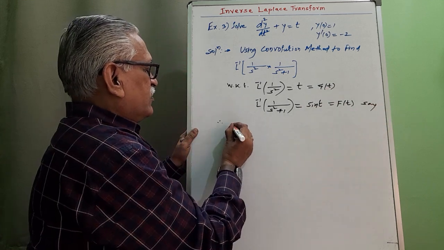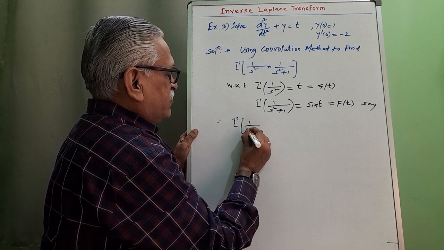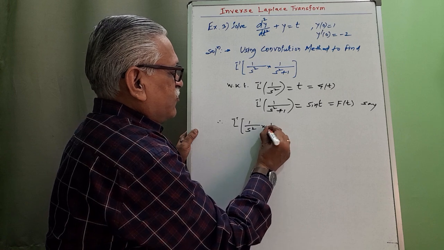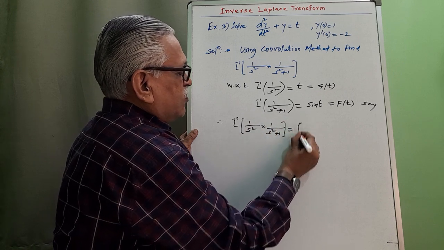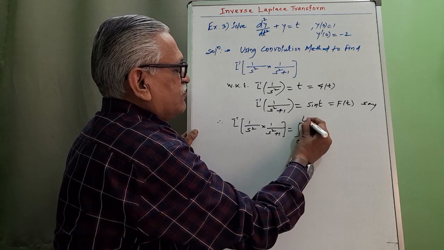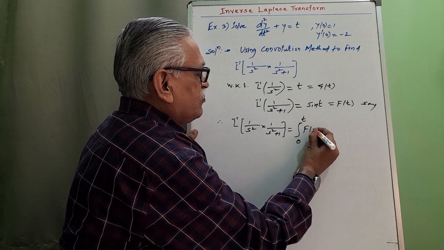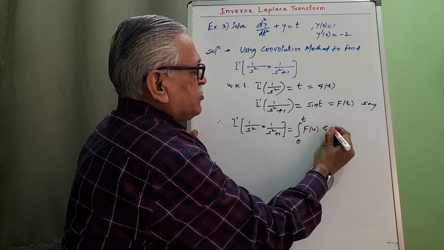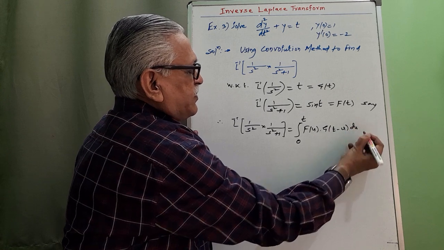And therefore, inverse Laplace of the product 1 by s square into 1 upon s square plus 1, as per convolution theorem, is integration from 0 to t of f of u multiplied by g of t minus u, integration with respect to u.